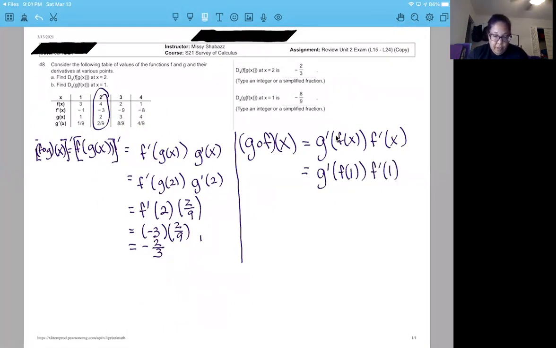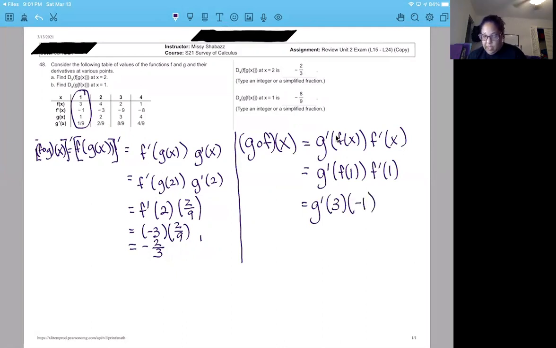So I'm going to find the 1 column, and f of 1 is 3. F prime of 1 is -1. And now I need g prime of 3. So I'm going to go to the 3 column and find g prime, which is 8/9. So I get 8/9 times -1, which gives me a -8/9.